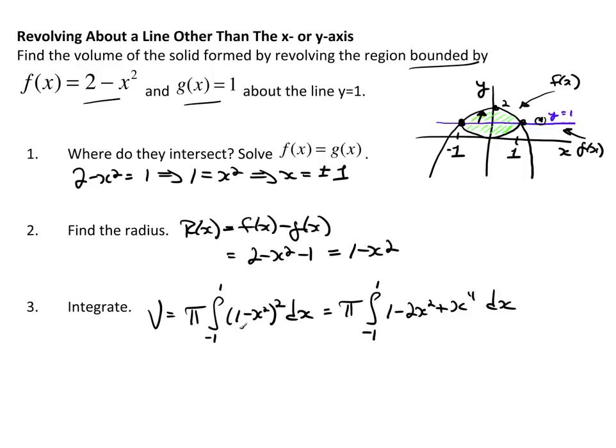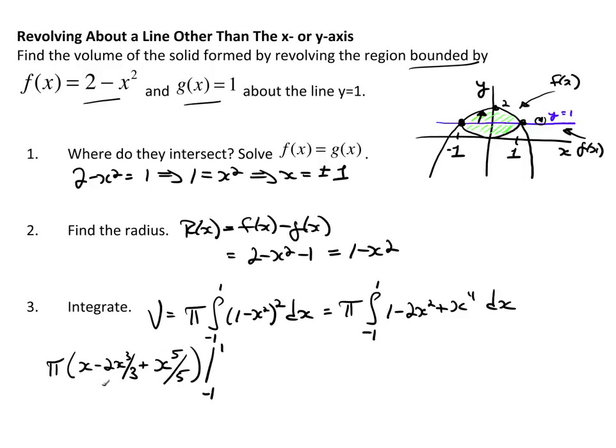I simply expanded this. Now I can find the antiderivative. So that's going to be pi times x minus 2x cubed over 3 plus x to the fifth over 5 evaluated from negative 1 to 1.